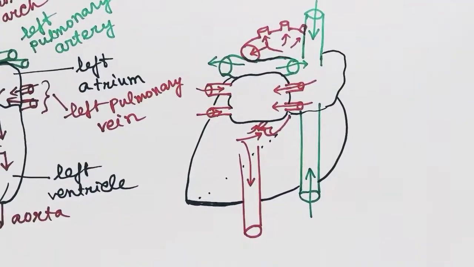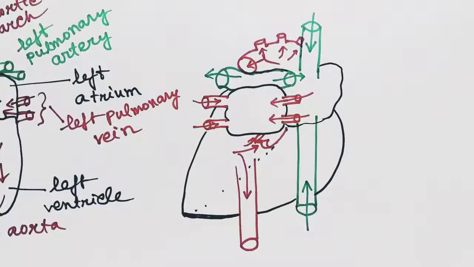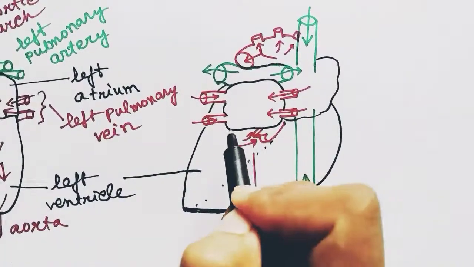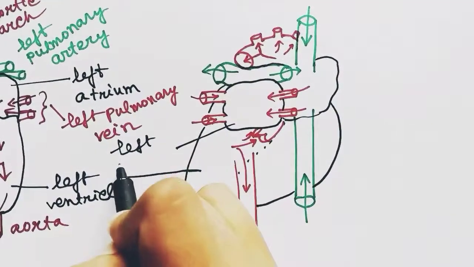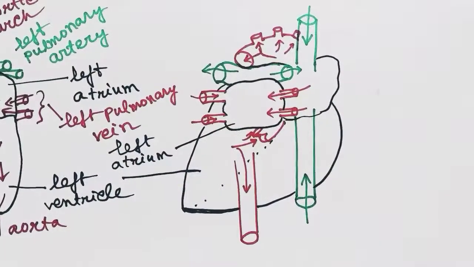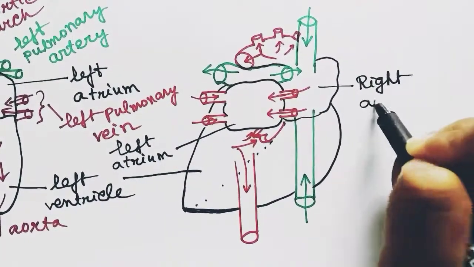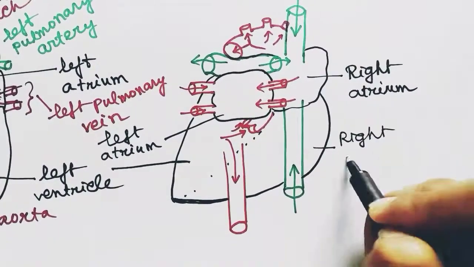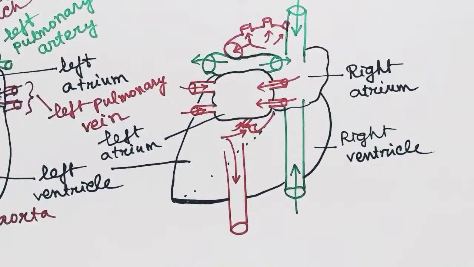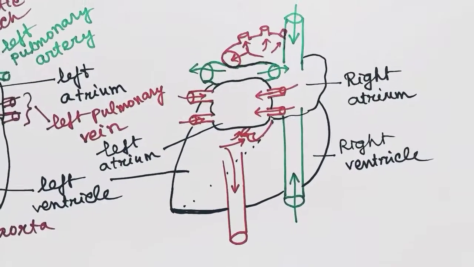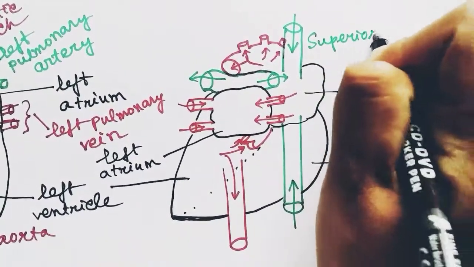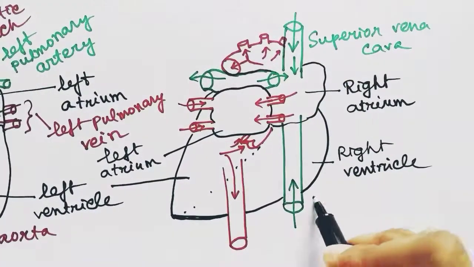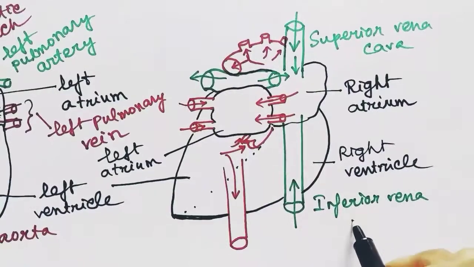This is the posterior view of the heart. This is the left ventricle, left atrium. This is the right atrium and the right ventricle. Now, blood coming from the upper body, the deoxygenated blood, enters the right atrium via the superior vena cava and from the lower body via the inferior vena cava.